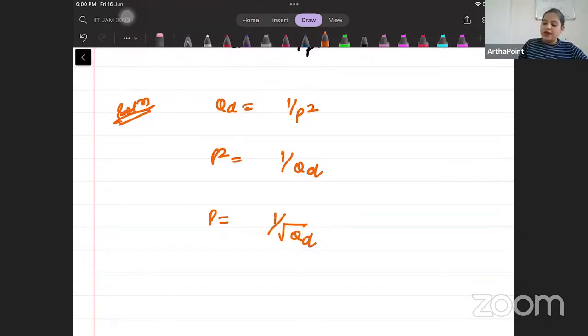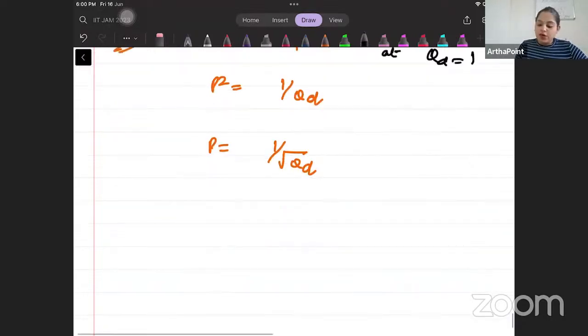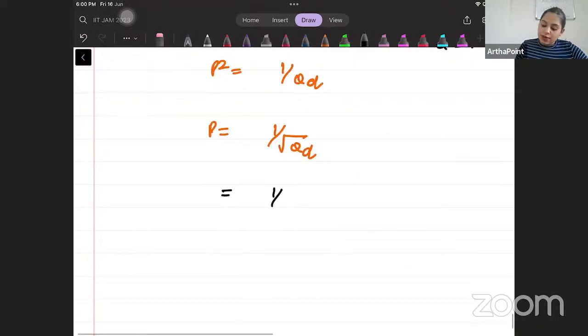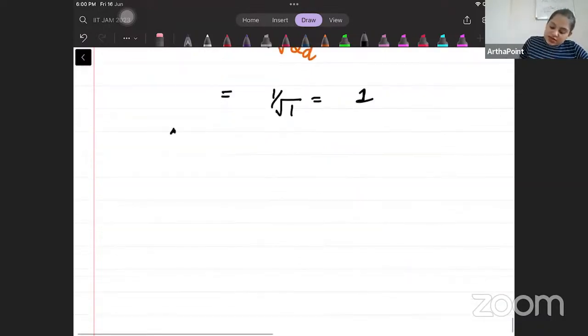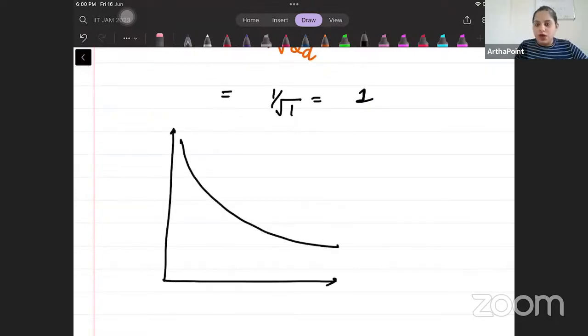I didn't give you the prices, so suppose P equal to 1 and Q equal to 1. Suppose you're given price is 1, or quantity is 1. So beta, if quantity is 1, what will be price? 1 by root 1, which will be 1. So this will turn out to be a rectangular hyperbola. And when you have this as 1, this is also 1.